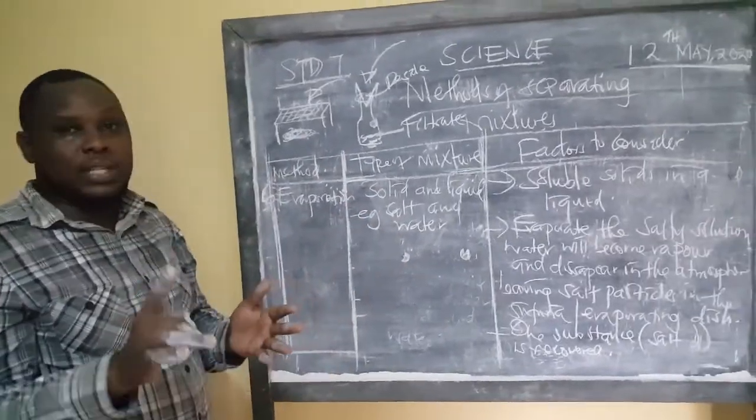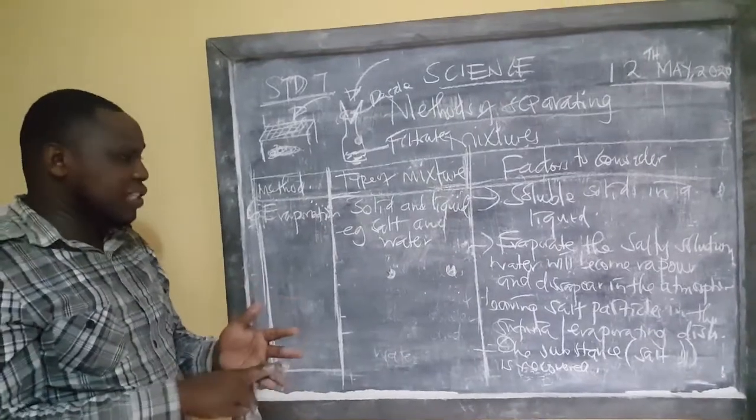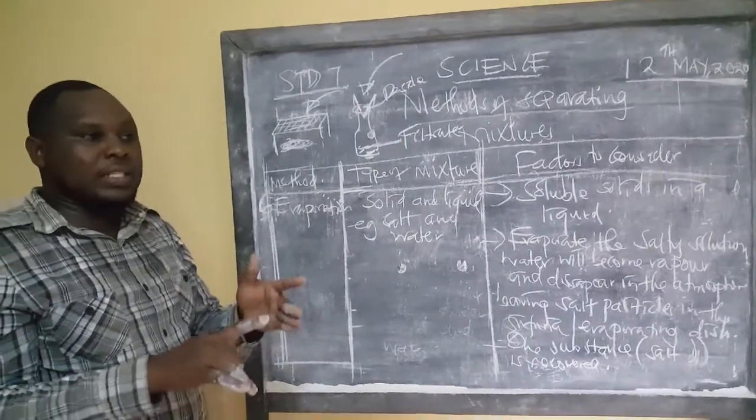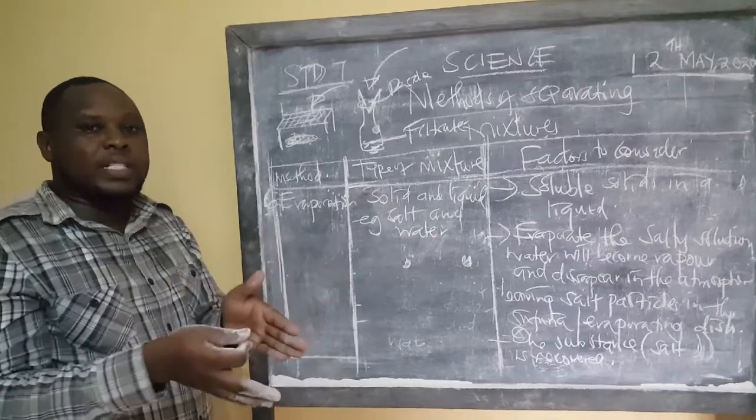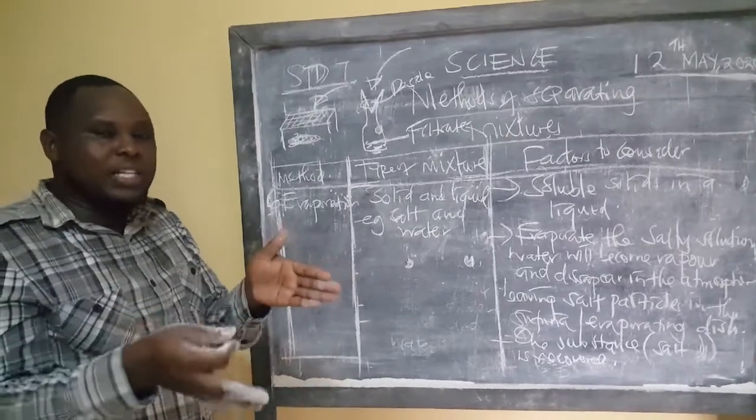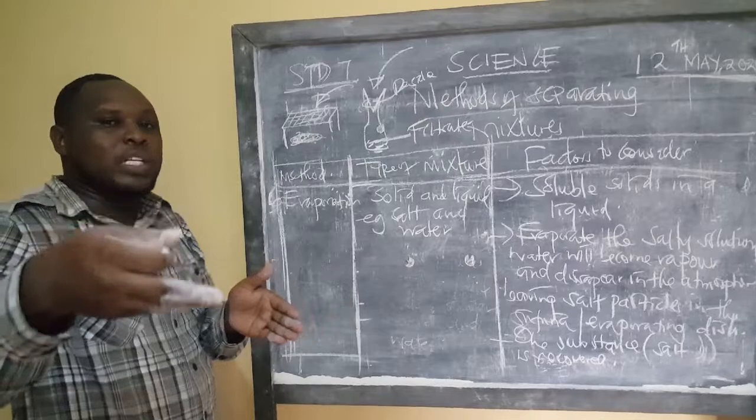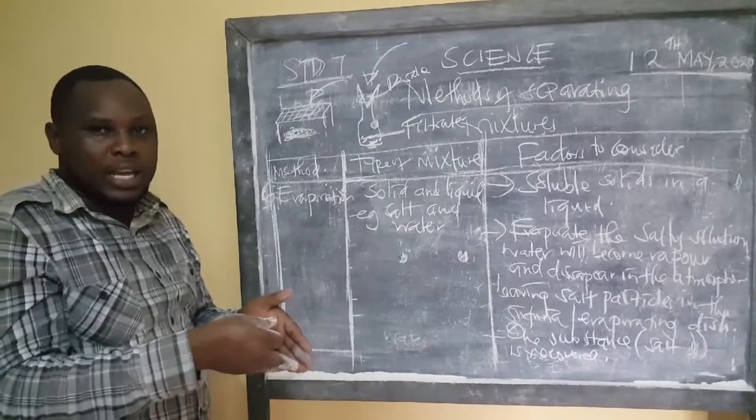Of course, after that we went to evaporation method, where we say that the method is used to separate a solid liquid mixture, but this solid is supposed to be soluble in the liquid.